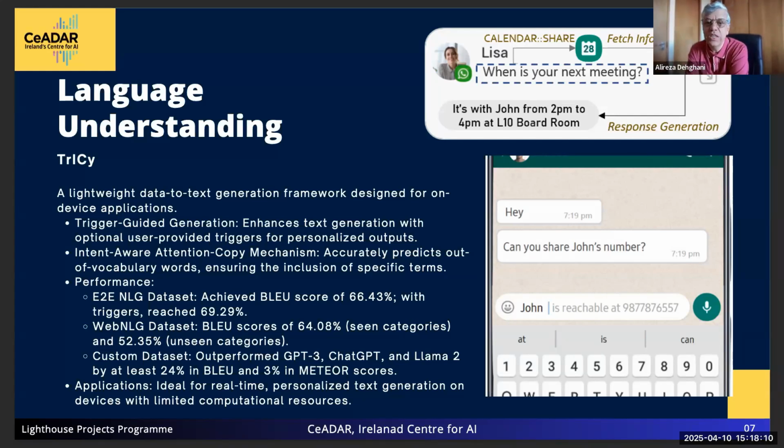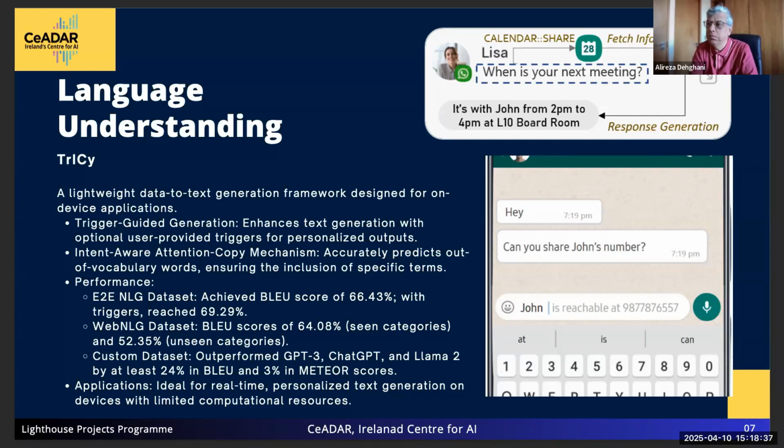So for example, Trissy can help you write short summaries, reports or descriptions, etc. All directly on your devices. It's interesting, isn't it? It's a kind of mini writer powered by AI. It turns your data into useful, customized text on the spot, even on small devices.